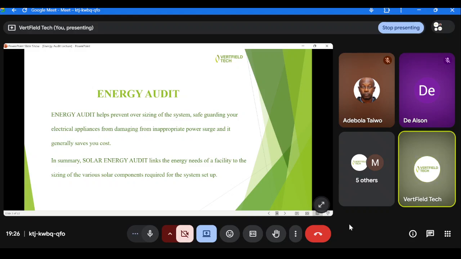Let us start by having a good idea of how energy audit helps prevent oversizing, talk about how it generally saves you cost, and in the long run, we will connect it to the safety and security of your system. I hope we are together on that. I hope everybody is active and can hear me properly.